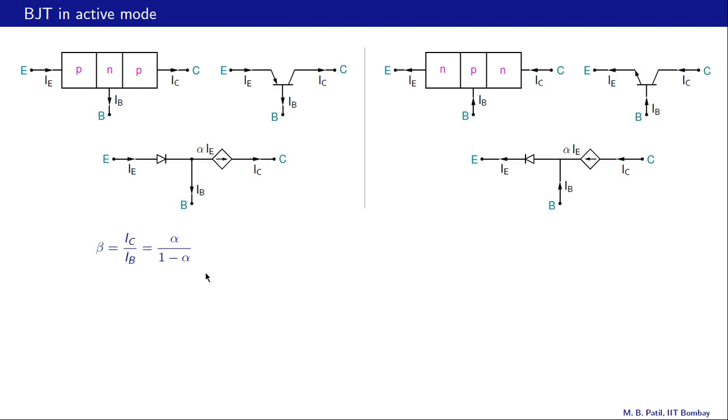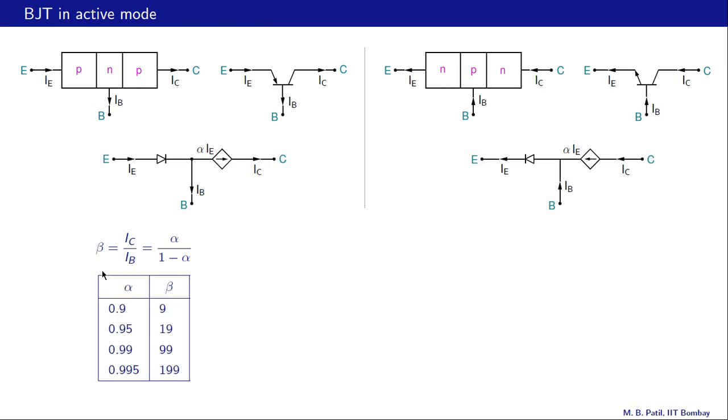Let us now look at the relationship between beta and alpha. Let us calculate beta for a few values of alpha. For example, when alpha is 0.9, we have beta equal to 0.9 divided by (1 minus 0.9), that is 0.9 divided by 0.1, or 9.